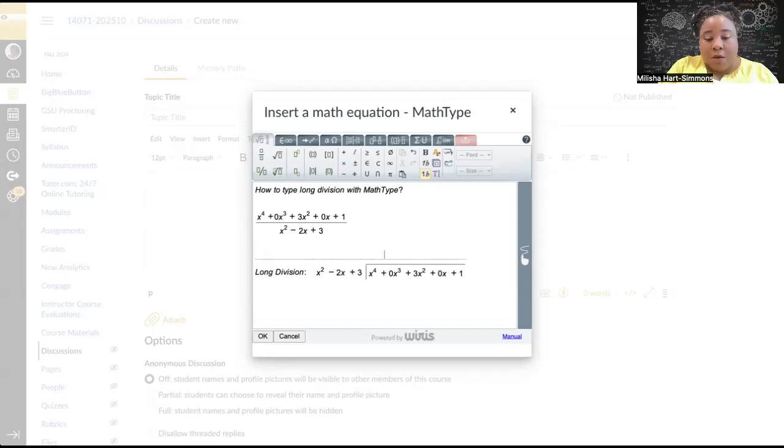And since I know that when I divide x to the fourth by x squared, I would get x squared, I'm going to move my cursor above this and just put x squared here because I know it's going to be x squared.